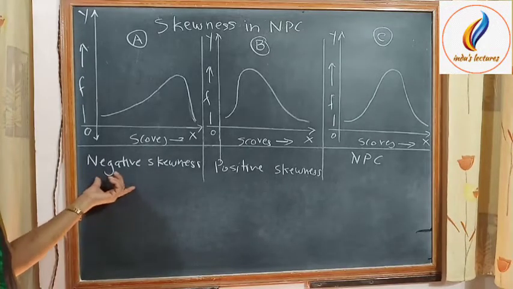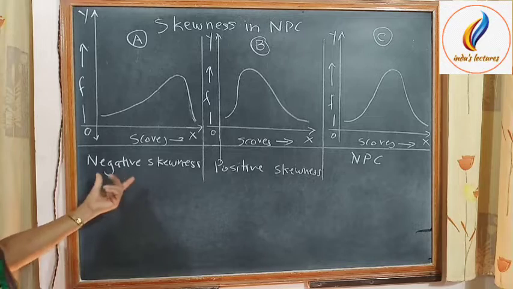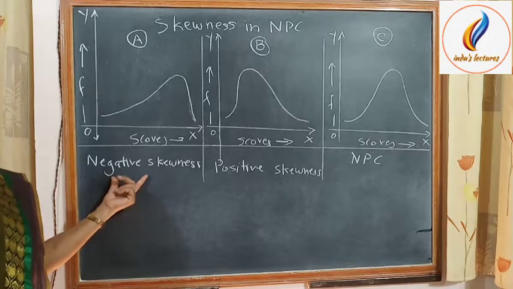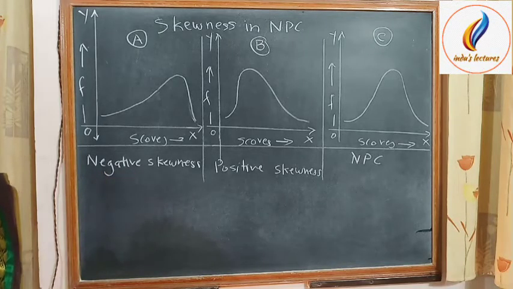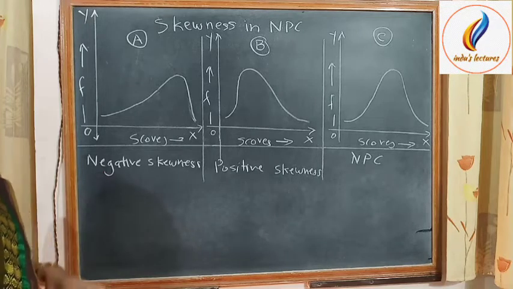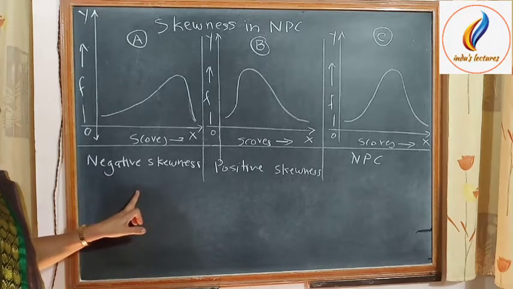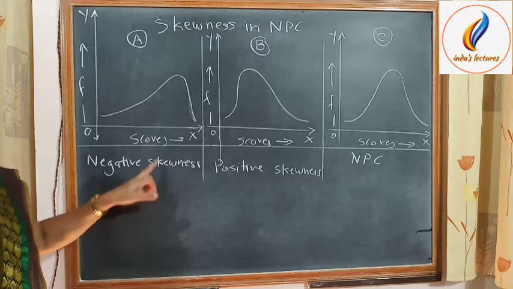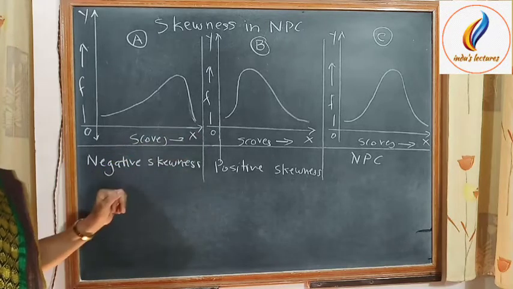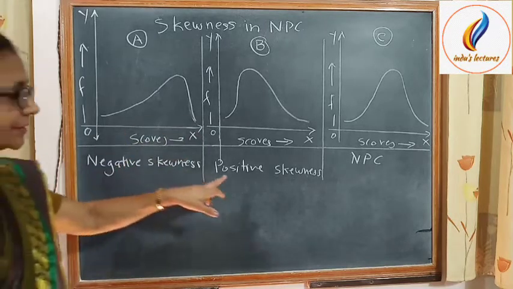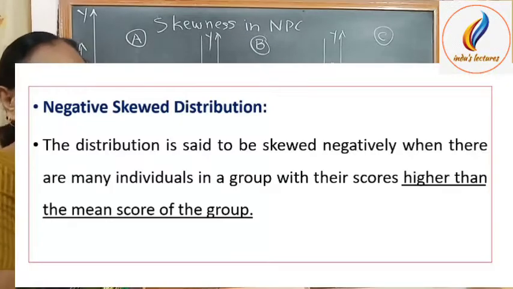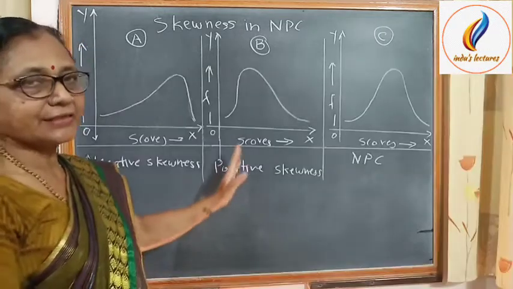We can define skewness as follows. Firstly, negative skewness: the curve is said to be negatively skewed when the majority of individuals obtain scores more than the mean or average, and the curve is said to be positively skewed when the majority of individuals obtain scores less than the mean.